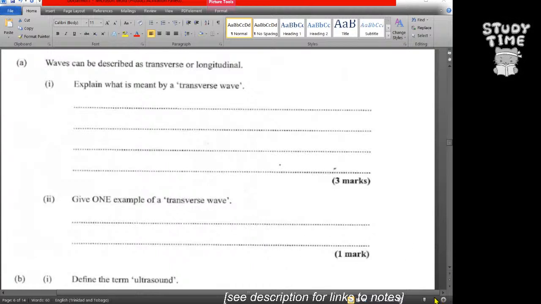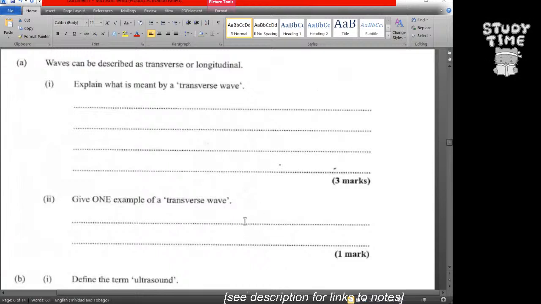A transverse wave is a wave that has its displacement of particles perpendicular to its propagation or its direction. It has crests and troughs. I don't think you need to put anything else more than that.